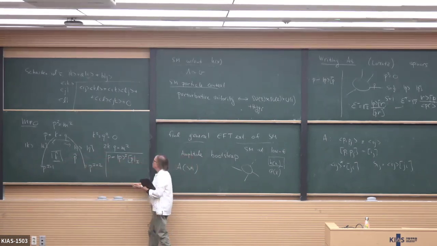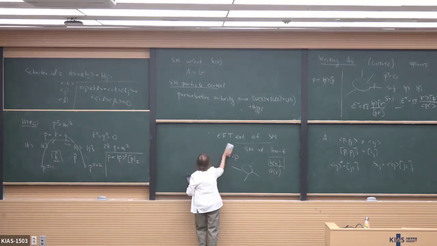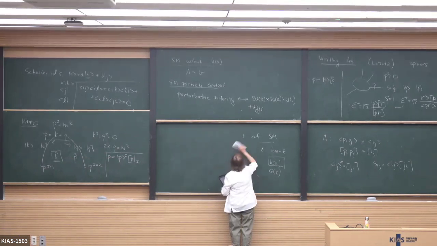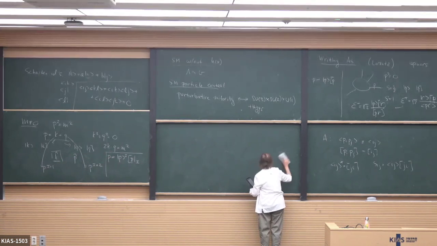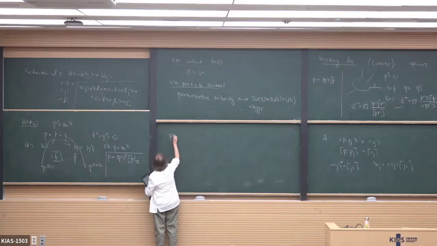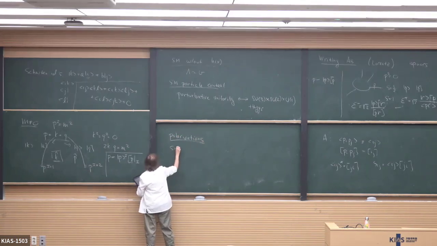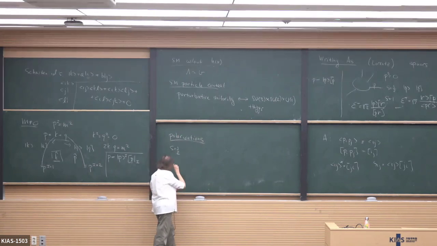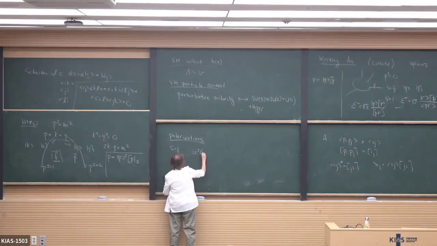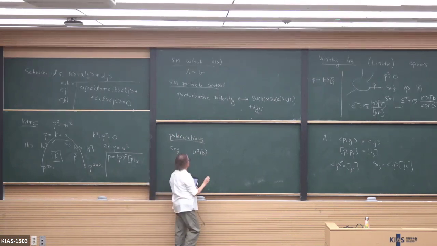And now let's turn to polarizations. So again, let's start with fermions. For fermions, we know the familiar spinors, which are the solutions to the Dirac equation.